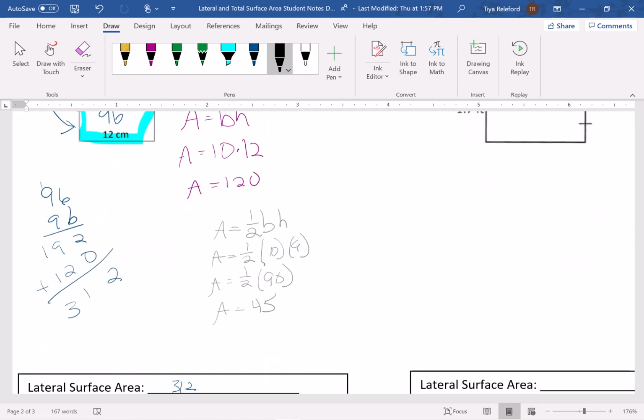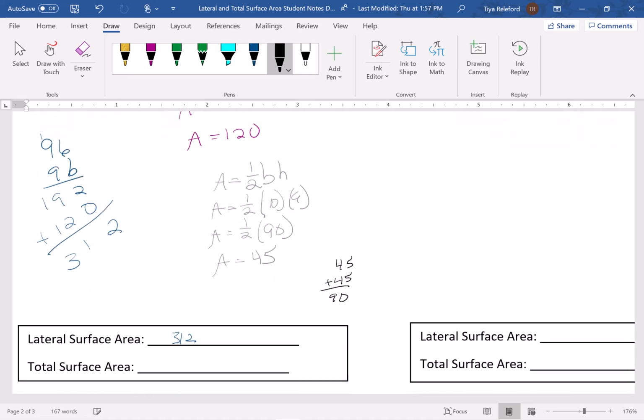So that means when you add them together, your bases are 90. Your lateral surface area is 312. So your total surface area is 402.